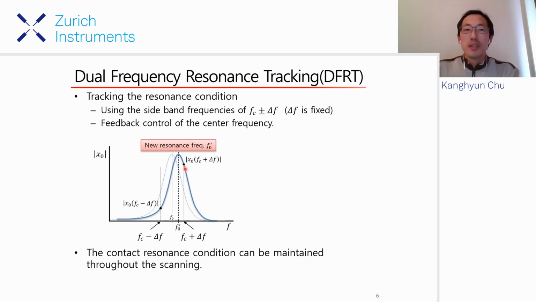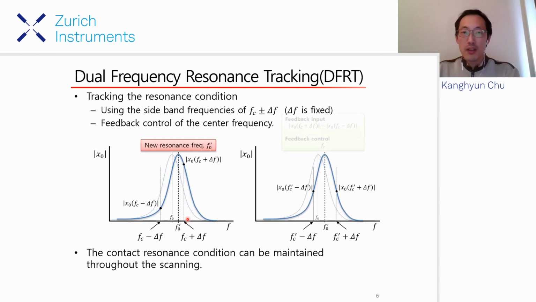That means if we track the condition that these two amplitudes are always the same, then we can successfully track the resonance frequency. So we can keep the resonance frequency inside this frequency window like this.